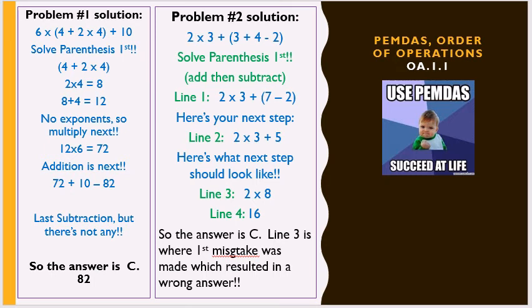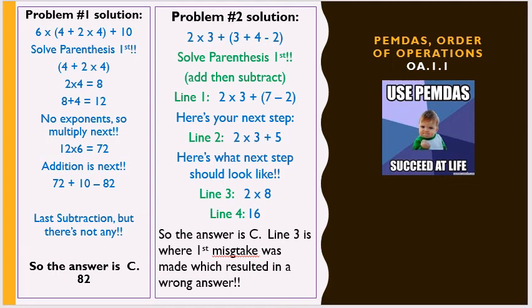Problem number 2, 2 times 3 plus parentheses 3 plus 4 minus 2, close parentheses. Remember, solve for parentheses first. Add before you subtract. So in line 1, it would say 2 times 3 plus 7 minus 2. So line 1 was correct. Here's your next step. 2 times 3 plus, the answer to the parentheses was 5.